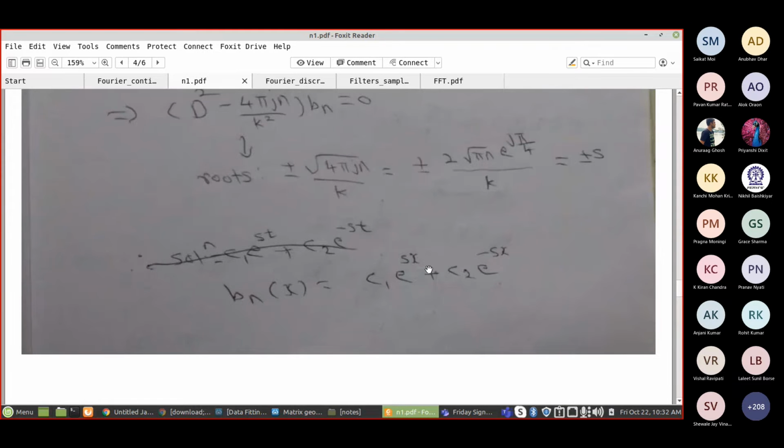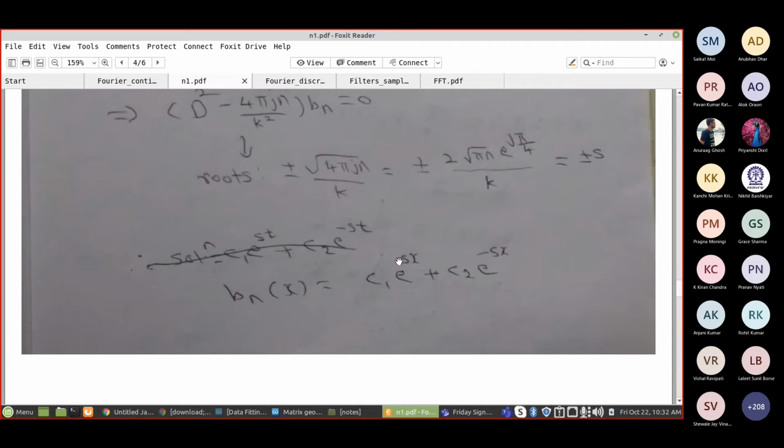Why is that? These are the two roots, plus and minus s. Here it is minus s, so this minus s is a negative number. Why? Because this quantity, 2 pi square root of pi n, is positive, and we are taking the negative of that.